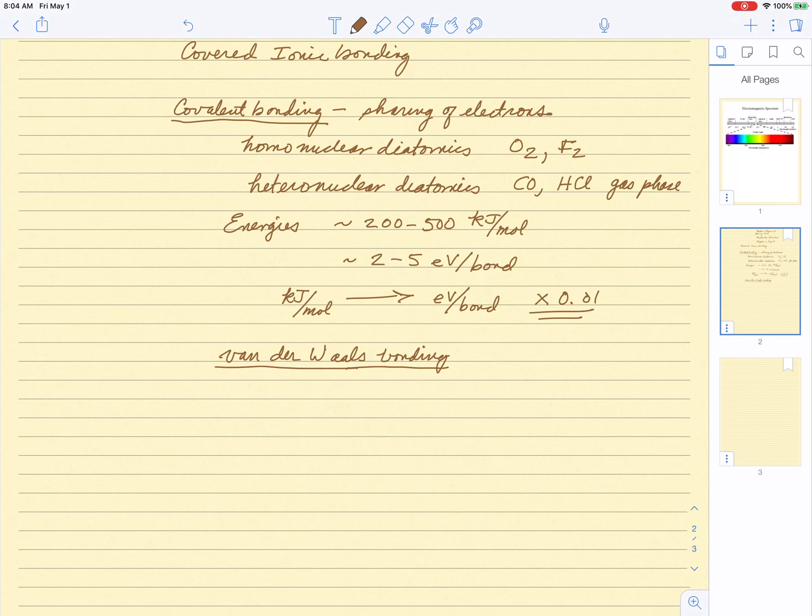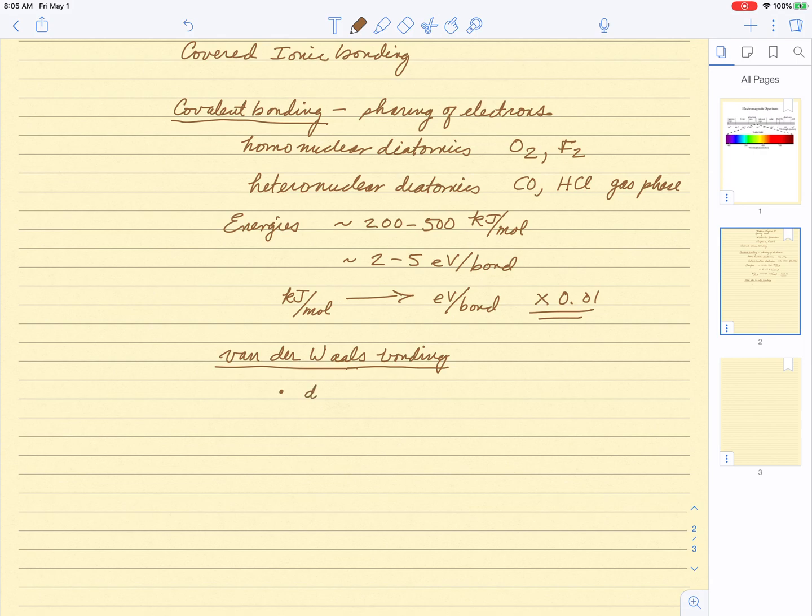And so these can be broken up into several subcategories. So one can think of van der Waals bonding as the overall category for the following subgroups.